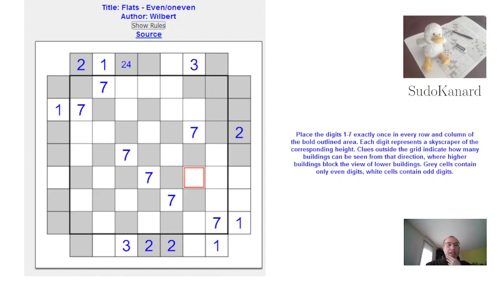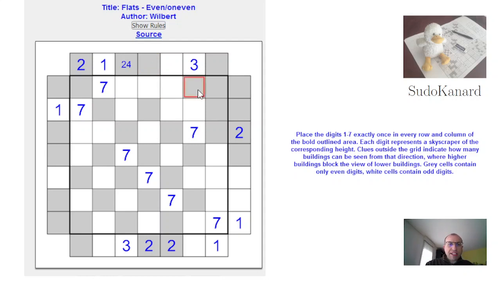All right, so now perhaps let's have a look at digit 6. 6 could be in any unshaded cell, but we must see that 6 here wouldn't work, because with the 6 here we would see 3 skyscrapers, and 3 is not an even number, so 6 doesn't work here.